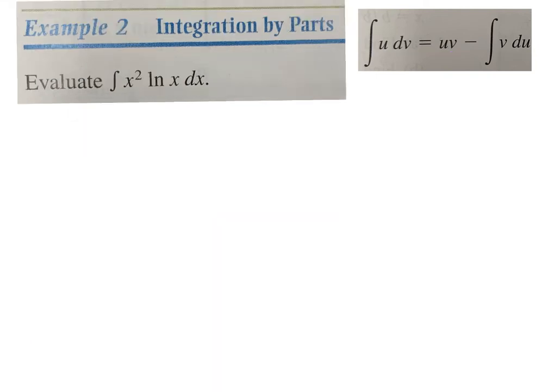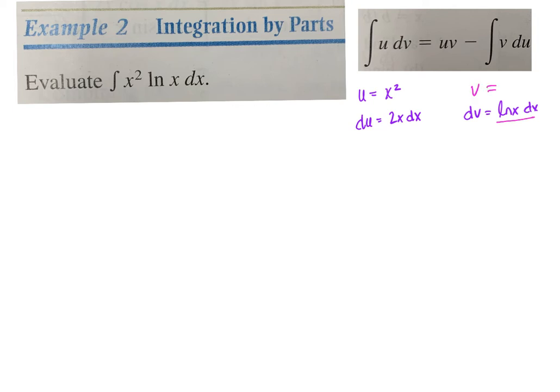All right, so I have some options here. If my u is x squared, then my du would be 2x dx, right? If my dv is ln of x, then my v is the antiderivative of ln of x.